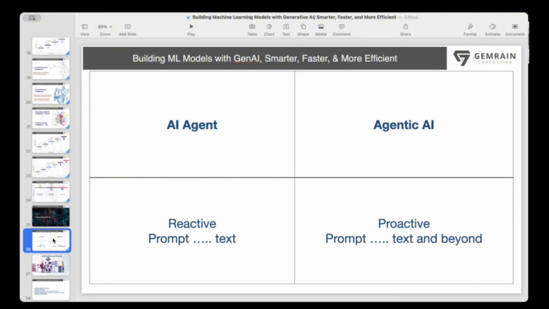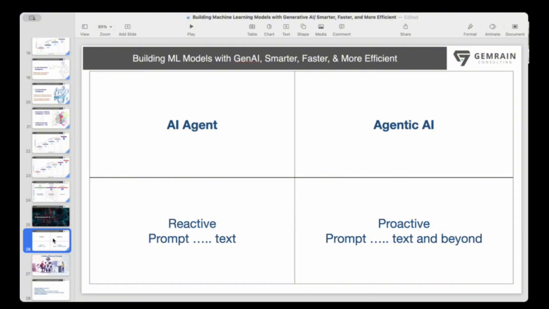And all of us practice this. Now, if you ask ChatGPT any question, it will go even further and ask you at the end, do you want me to continue to do this, to do that, whatever is related to your prompt. So this is agentic AI, something with more reasoning. A lot of current generative AI tools moved from AI agent to agentic AI.